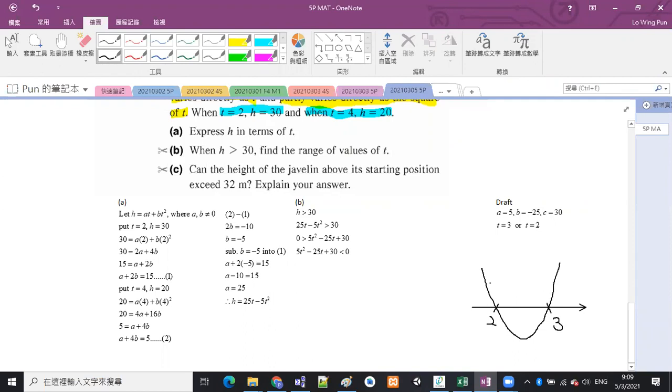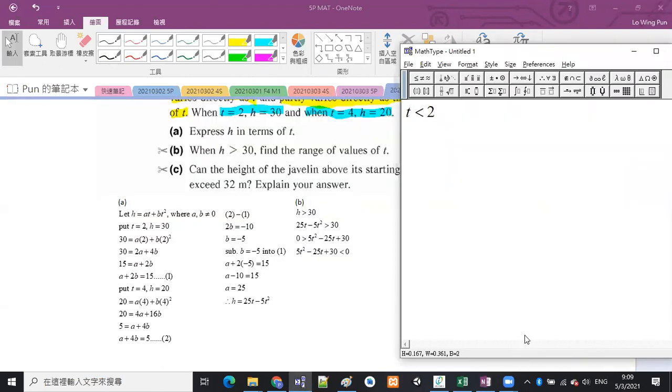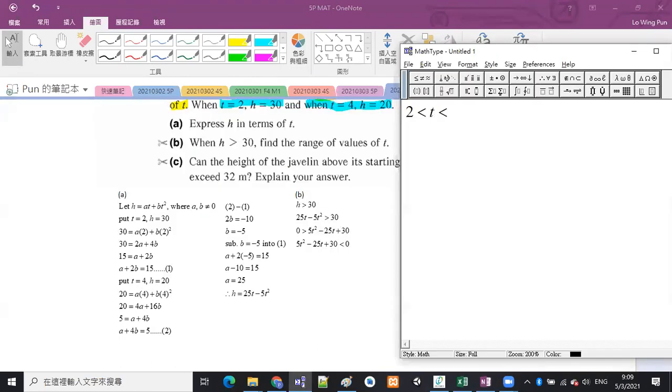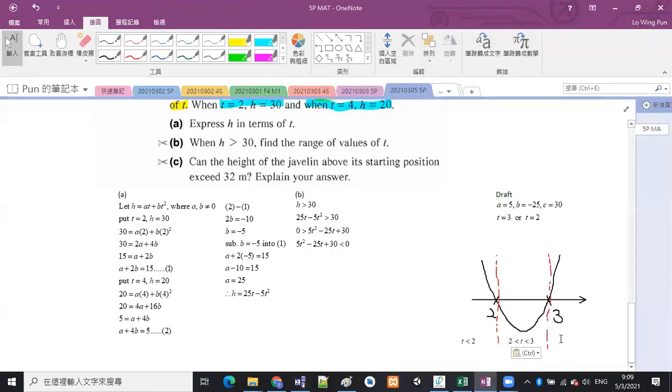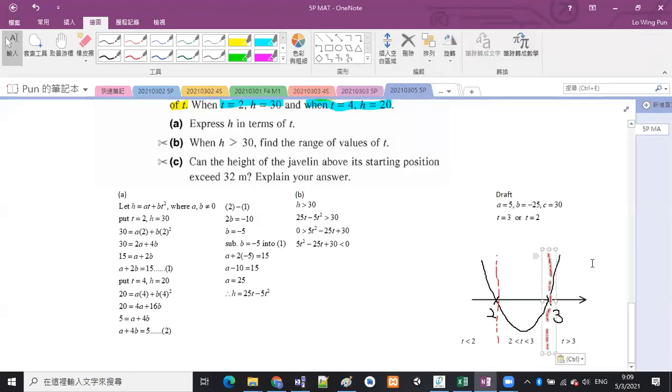Okay, and then it is divided into 3 parts. 記唔記得呢隻啊？3 parts. The left part means t less than 2. And then the middle part is 2 less than t less than 3. And the right part is t larger than 3. It is always like this. The pattern is always like this, okay?